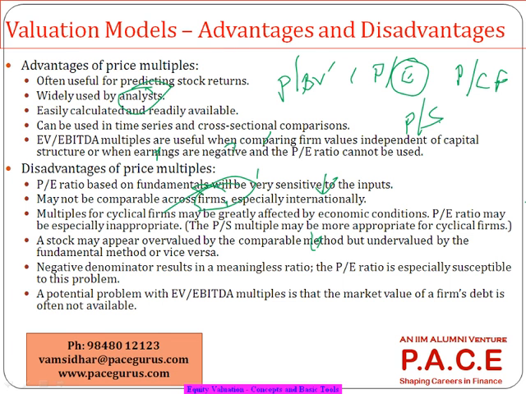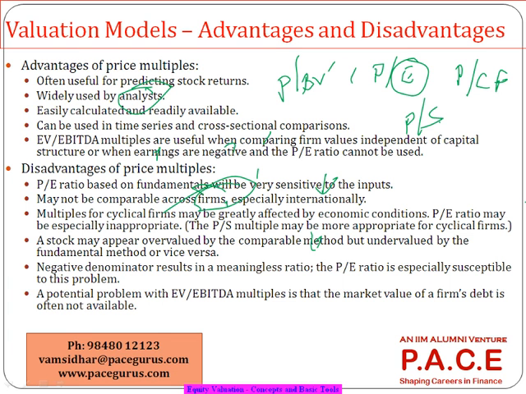And as I said, though they are easy to compute, the biggest problem is that it's as good as saying I'm better than you, but both of them could be equally worse, or both of them could be equally good. So the multiples based approach does not say whether both of them are good or not. They are also called relative valuation models.